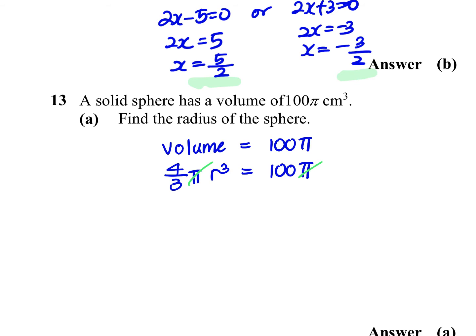So we divide by 4 over 3. What is 100 over 4 over 3? Rachel, what do you get? 75. So 75 equals r cubed. Voila.